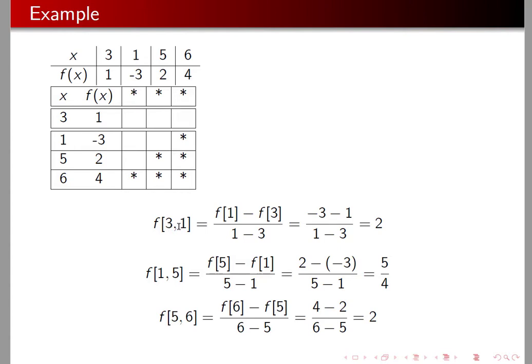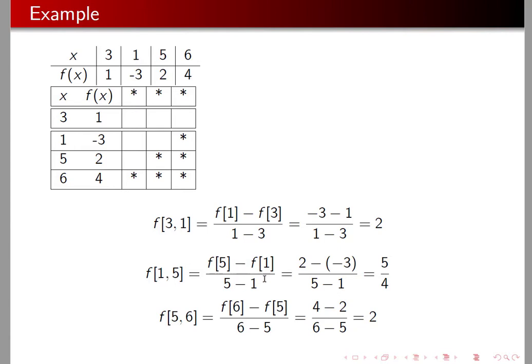Let's start out first with f[3,1]. I do f of 1 minus f of 3 over 1 minus 3. I do arithmetic there, get a 2. And I'll want to put that number here. Then I'll do f[1,5].